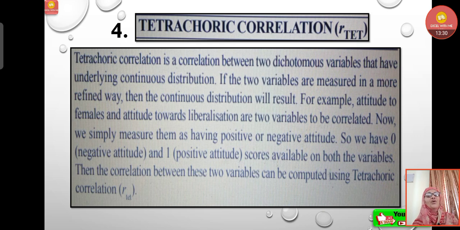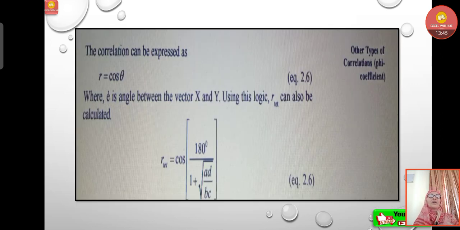So we have 0, that is negative attitude, and 1, that is positive attitude, scores available on the variables. Then the correlation between these two variables can be computed using tetrachoric correlation. Now the correlation can be expressed as given here in the table, where E is the angle between the vectors x and y. Using this logic, we can also calculate with the help of this formula.